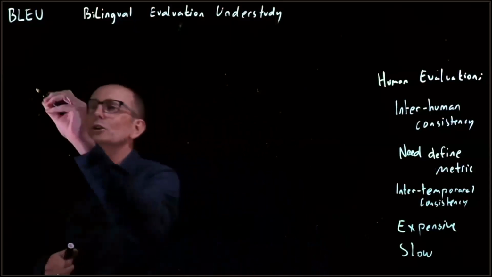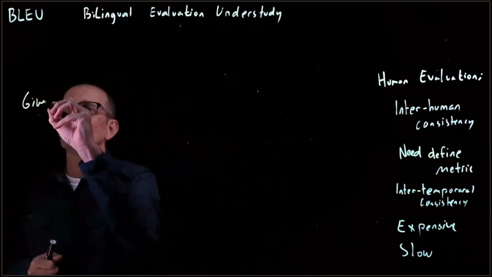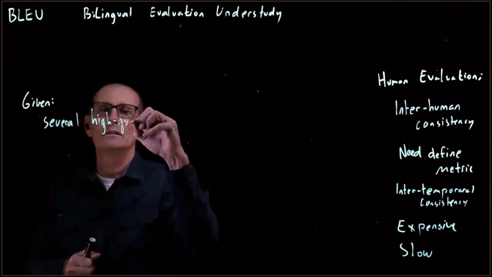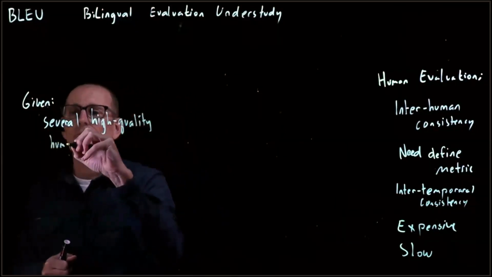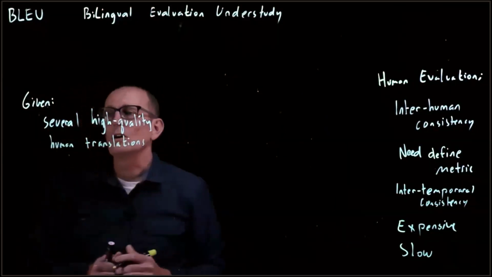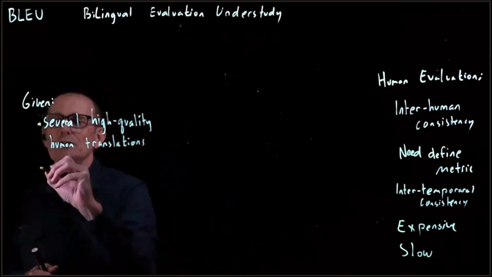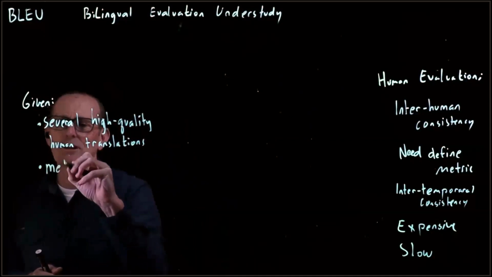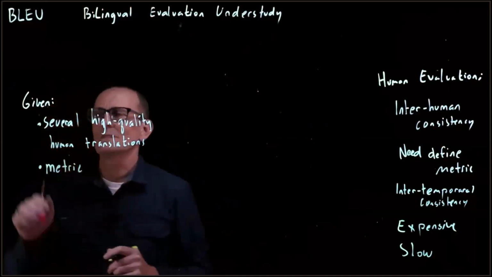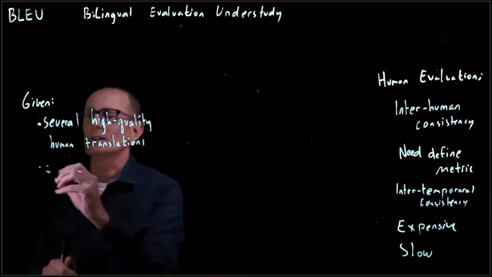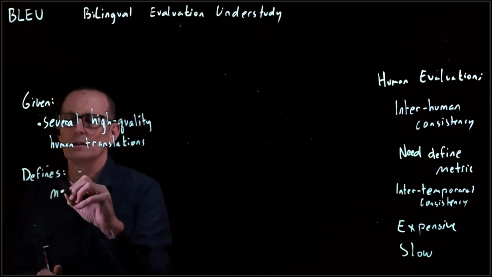So BLEU is going to be given several high quality human translations. And it defines this metric. So it's not even quite clear to say it's given, let's just say it defines a metric.